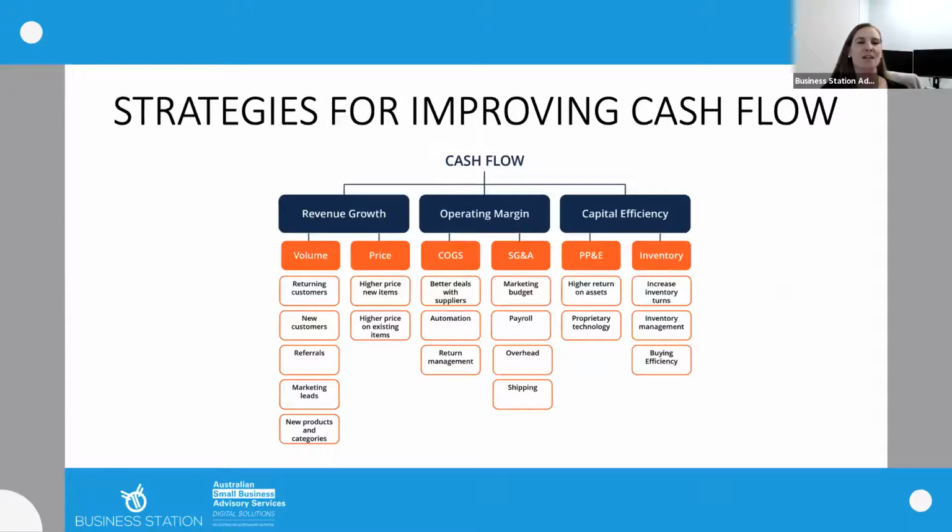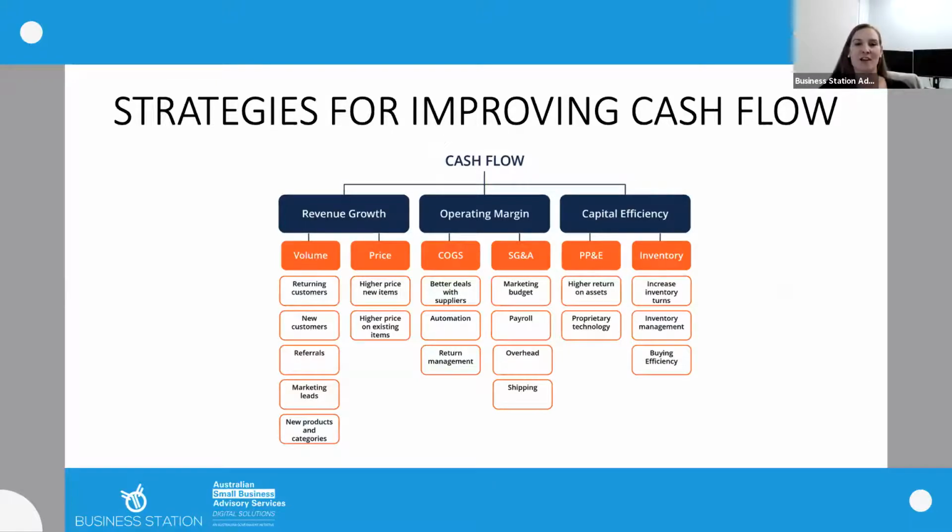So to expand on those three pillars, you've got revenue growth, and that's essentially the volume of goods or services that you sell and the price of what you're selling it at. Now, going back to that template, I think a really interesting thing here is if you've been selling something at a particular price, and on your cash flow forecast, you tweak that price by, depending on what you're selling, $1 or $2 per unit, for example, you'll see a really big difference on your cash flow, whether that's you reducing your price slightly or increasing your price.